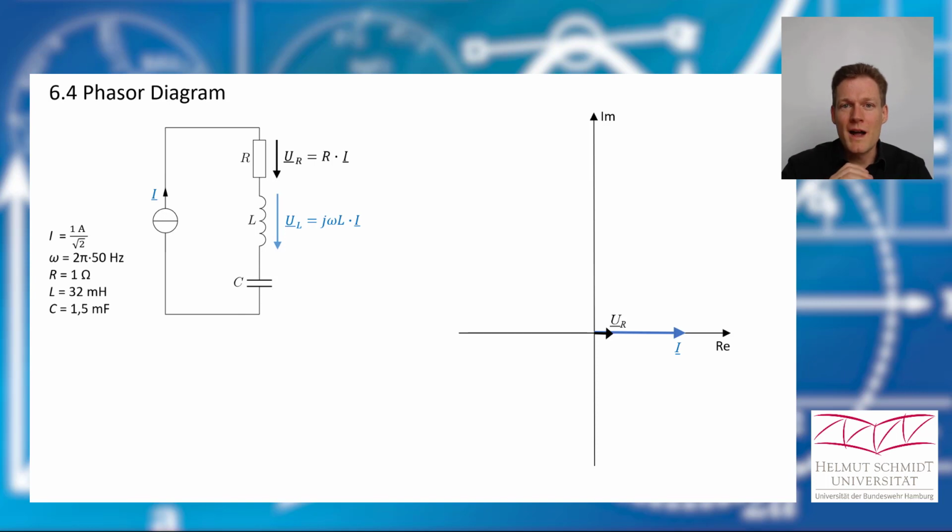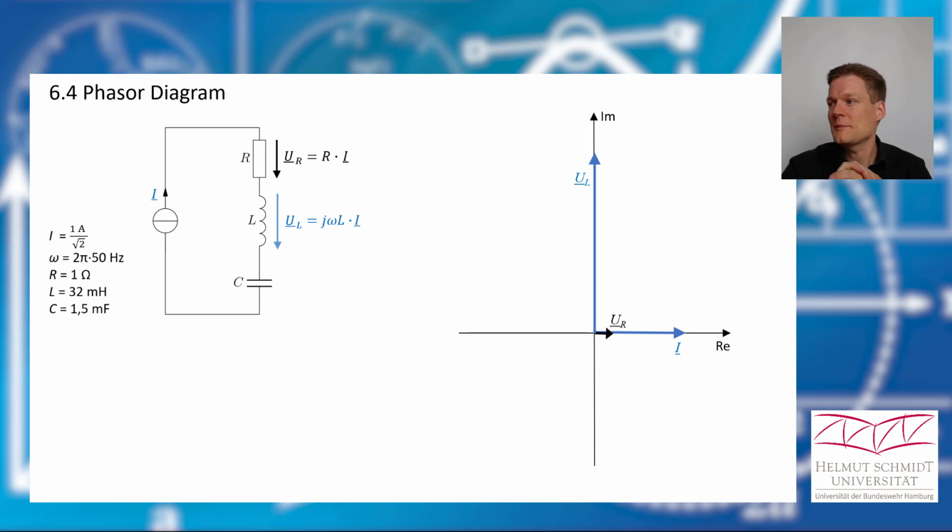This means we multiply the absolute values, so omega L times the absolute value of I, and now we add the phase angles. Our current has a phase angle 0 degree, but j is phase angle of 90 degree. And if we add these phase angles, it leads us to plus 90 degree.